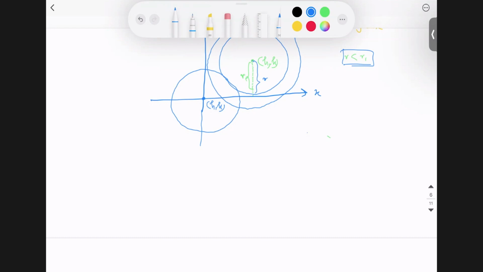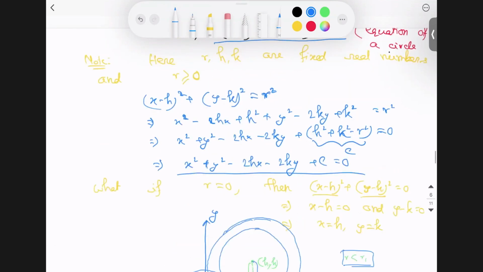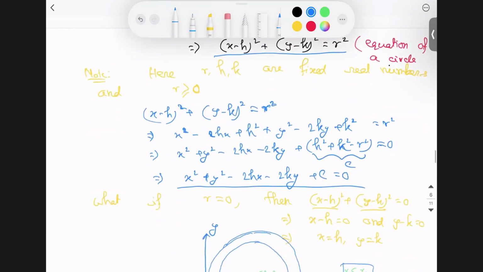Then what is the equation of the circle? Simply, if I put h equal to 0 and k equal to 0 in this equation itself, then we will get an equation, and from both the cases I will get some equation.